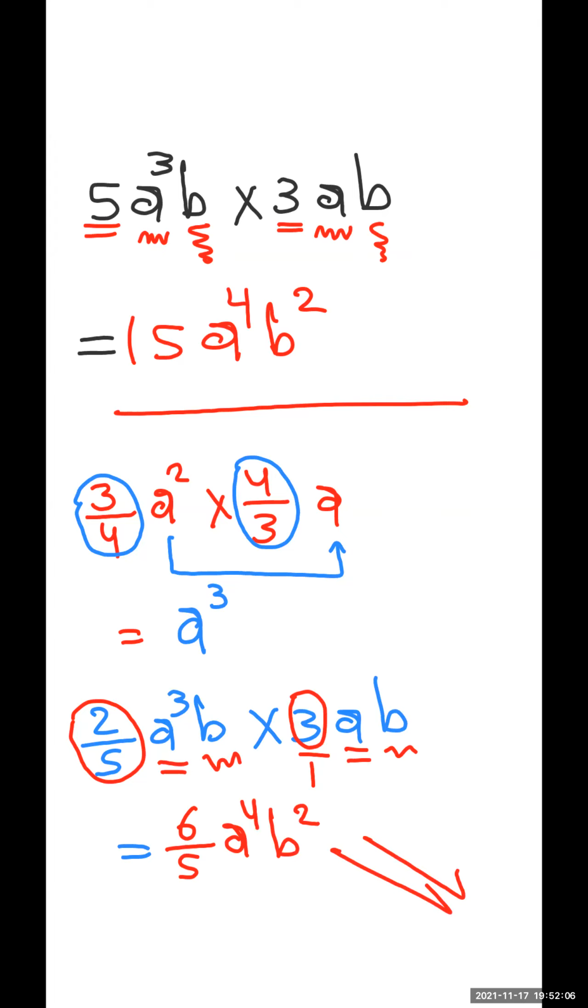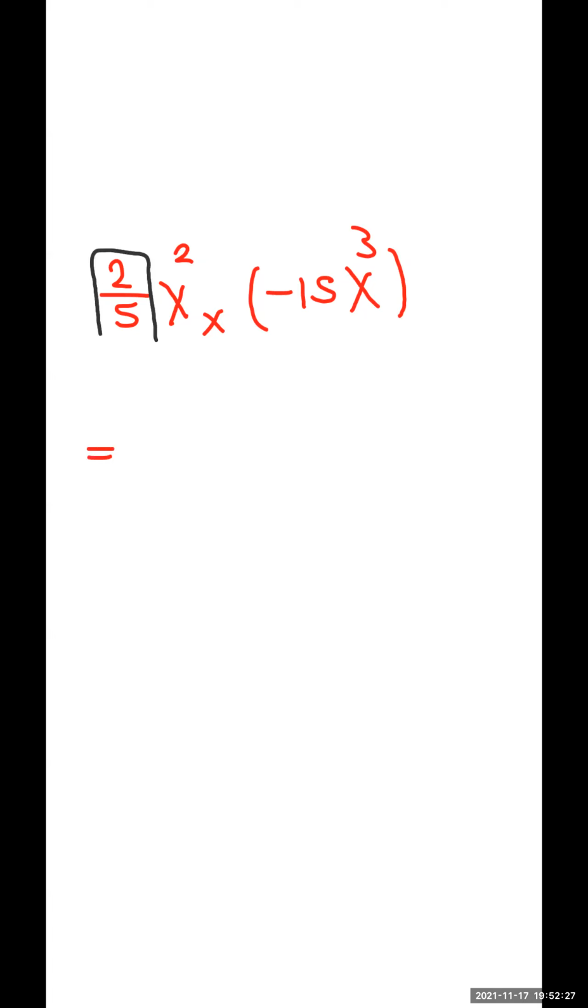Another question, guys. If we multiply 2 over 5 x squared times negative 15 x to the power 3. This means we will multiply 2 over 5 times negative 15.